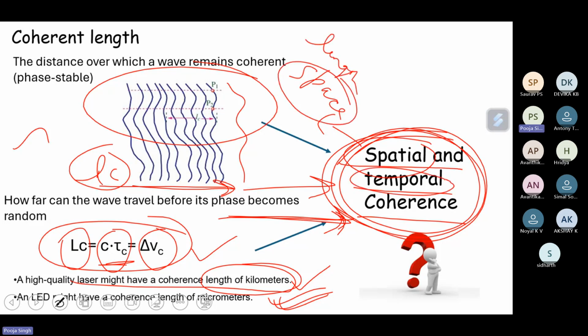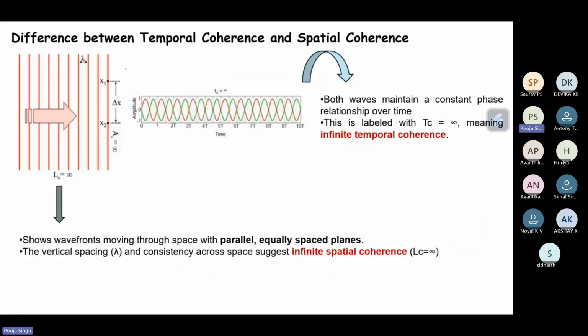Temporal means for a very short time, so it is time dependent. So spatial coherence means length dependent and temporal coherence means time dependent. Here we will study the difference between temporal coherence and spatial coherence.